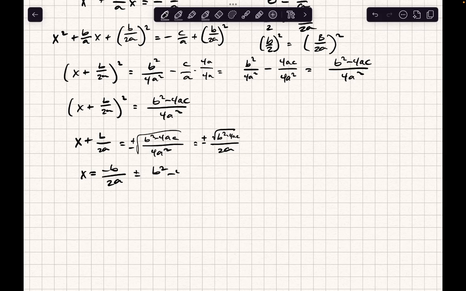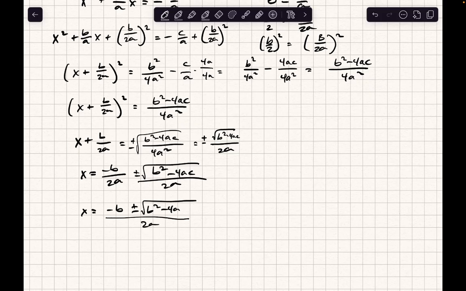I've always wondered how they got the quadratic formula, but now I realized they just took standard form and simplified it, and then they got the quadratic formula.